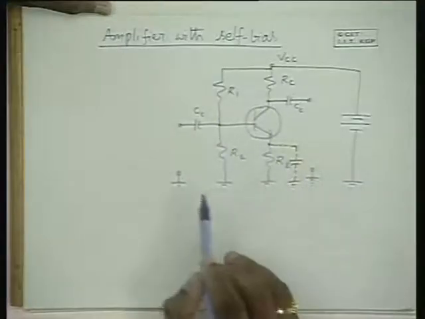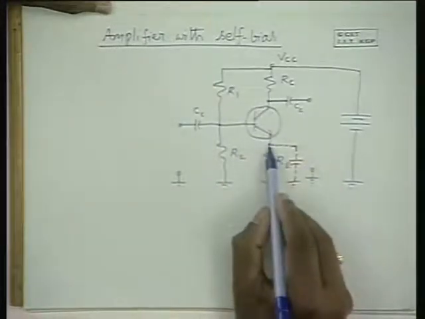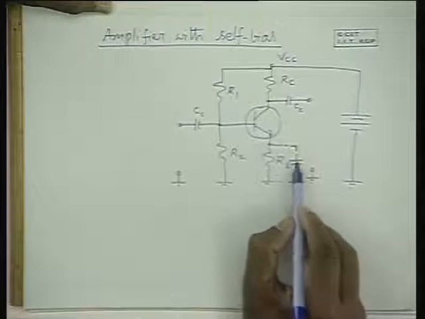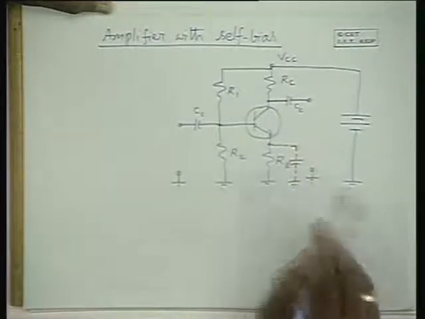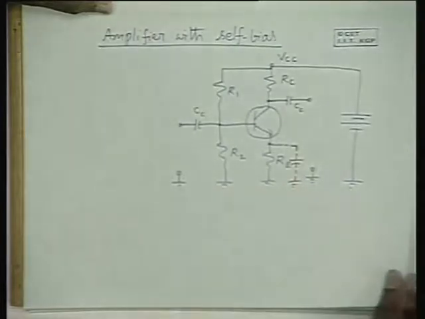This is the circuit which we have been analyzing, and the circuit is being analyzed without this capacitance known as the emitter bypass capacitance. That means the emitter resistance is not bypassed.